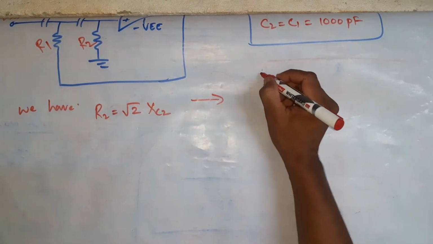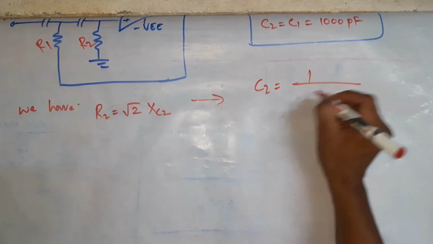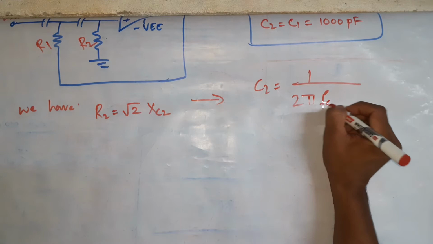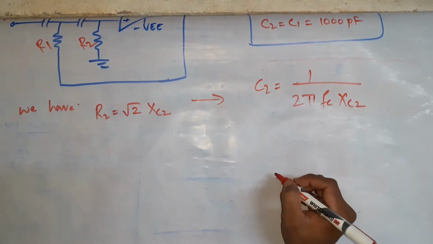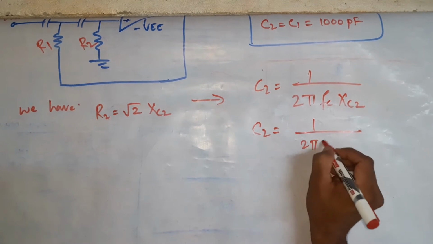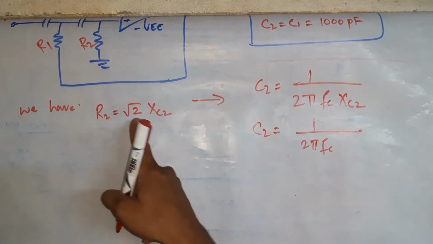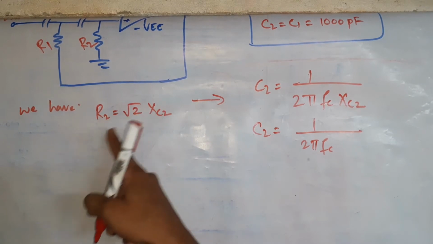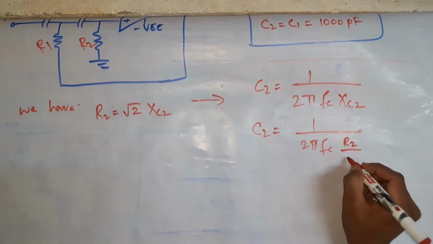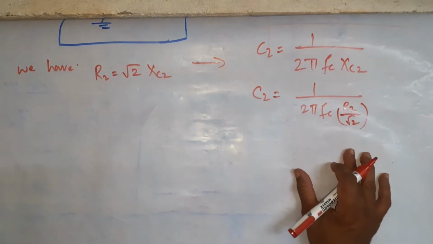We know that C2 equals 1 over 2 pi Fc XC2. What is XC2 here? XC2 is nothing but R2 by root 2. This R2 will go here, so R2 by root 2.